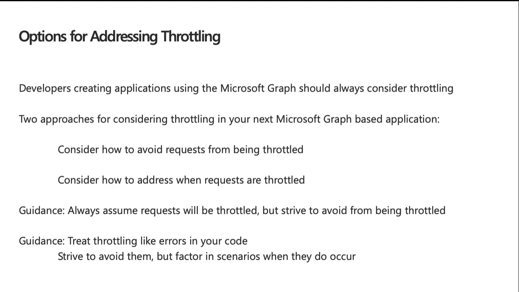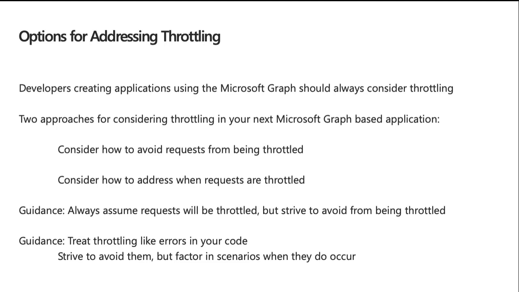First, consider avoiding scenarios where a request could be throttled. Avoiding the issue completely is always the best approach. However, the application should also assume that while developers try to avoid throttling scenarios, it still may happen, and therefore the application should address what happens in those cases. The application should always assume the request will be throttled, but developers should do what they can to avoid hitting throttling limits.